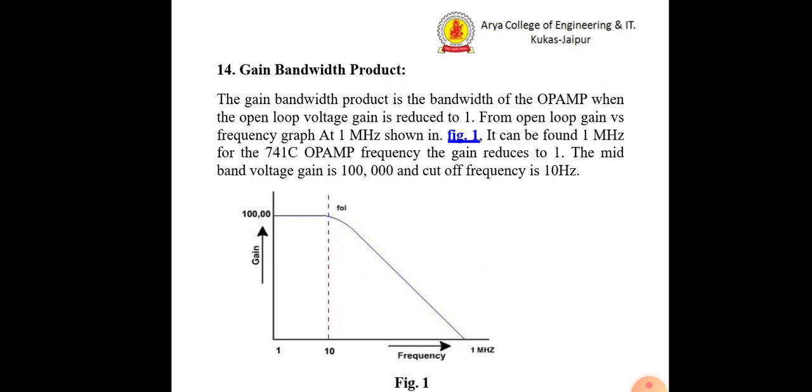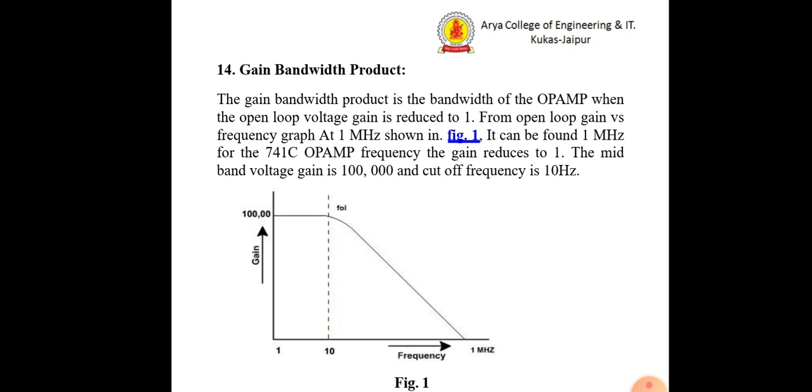Here in this particular diagram you can see a gain versus frequency plot has been drawn, and you can see at 10 hertz the mid voltage gain is very high, and after that it is decreasing and it can be found till 1 megahertz.